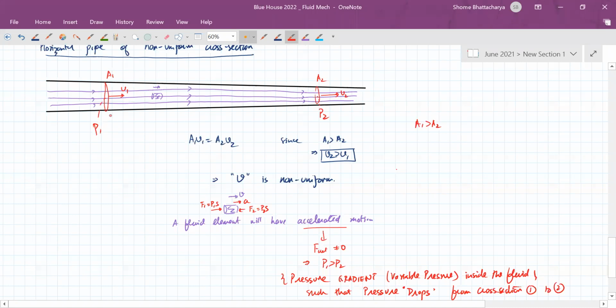This is cross section 1 and this is cross section 2. So inside the fluid, as we move geometrically from cross section 1 to cross section 2, there should be a drop in pressure. The gradient should be in that sense. So again, application of the continuity equation is not only giving us an idea that the speed of flow is increasing as we go from left to right, but it's also telling us logically why the pressure should be decreasing as we go from left to right.